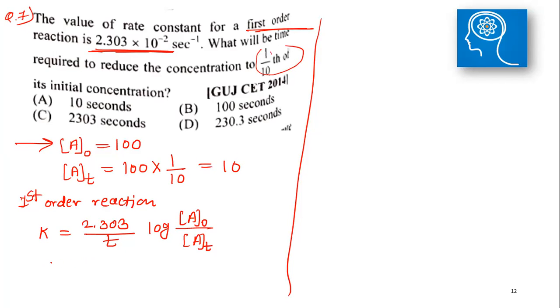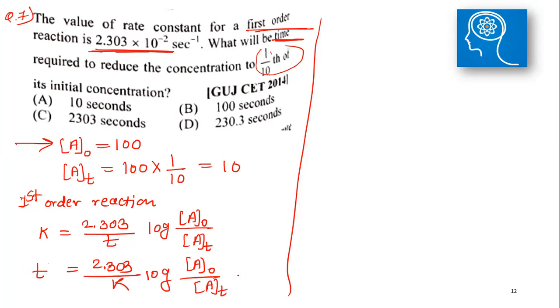So t is equal to, what can we write from this equation, because we have to find out the time required, so t is equal to 2.303 upon k log of initial concentration upon final concentration.